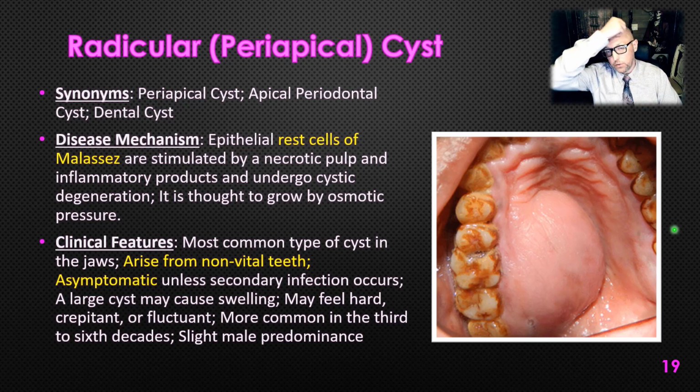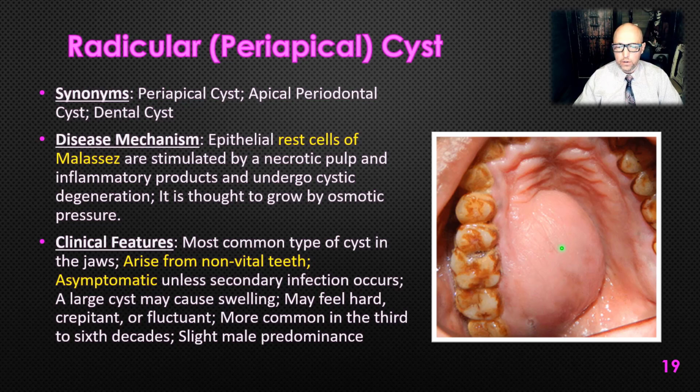And the fluid continues to accumulate, and it's that fluid accumulation that causes this cyst to continue to grow. And because it is from a periapical inflammatory lesion, it should be associated with a non-vital tooth. The cyst itself is going to be asymptomatic. Of course, it can have symptoms from infection, from inflammation going on at the same time from the tooth.